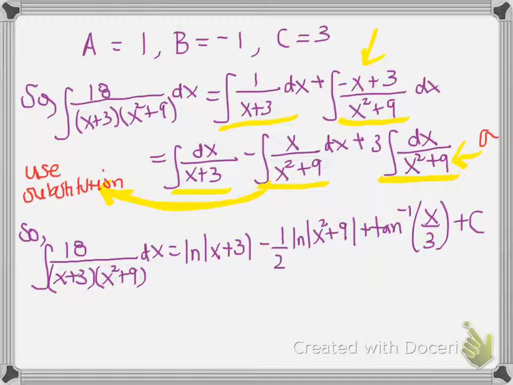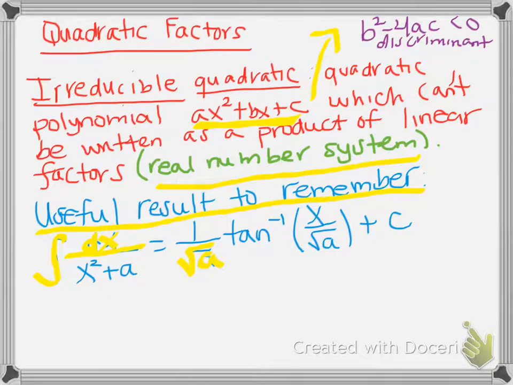Although you could use trig substitution, in trig substitution your a would be 3, and in the integral I gave you here, you see there's no square with the a, right? So in this formula, it's just whatever that a is.